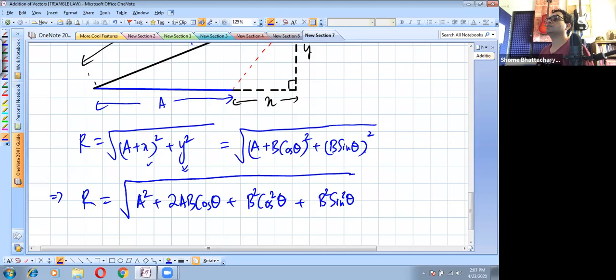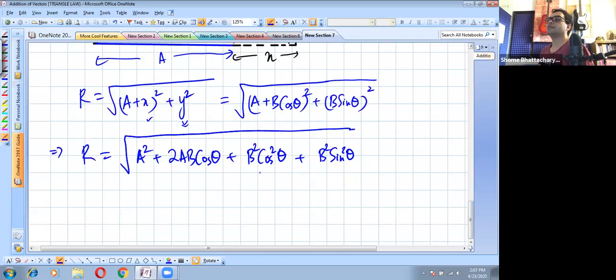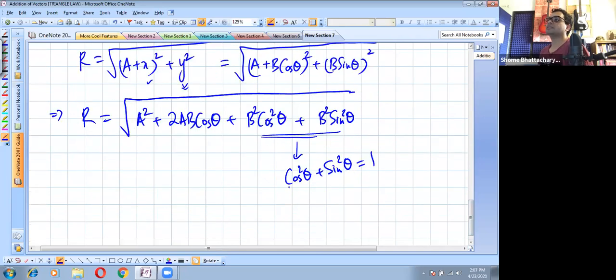Okay, so as you can see, this is what this step is resulting in when we expand this and expand this. Now you use the popular common identity that cos square theta plus sin square theta is unity for all angles, and that is basically Pythagoras theorem. Base square plus perpendicular square upon hypotenuse square is unity.